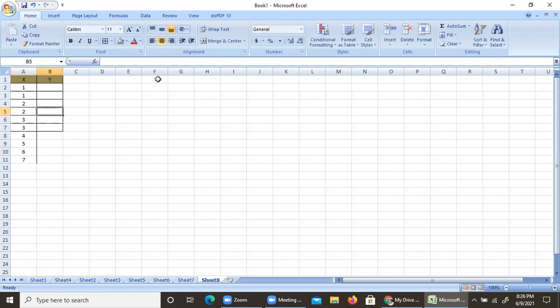And the y values were 2, 7, 7, 10, 8, 12, 10, 14, 11, and 14.